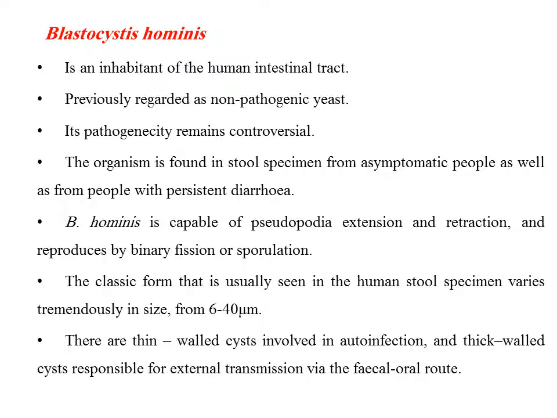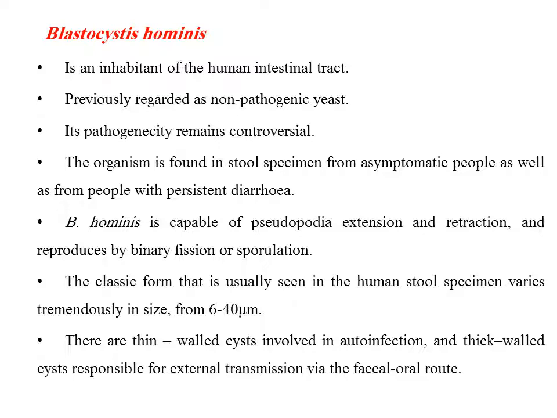Okay, the second species in this lecture is Blastocystis hominis. Blastocystis hominis also has certain criteria establishing its identity. It is an inhabitant of the human intestinal tract.